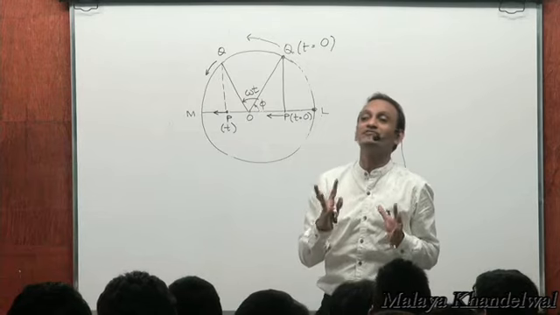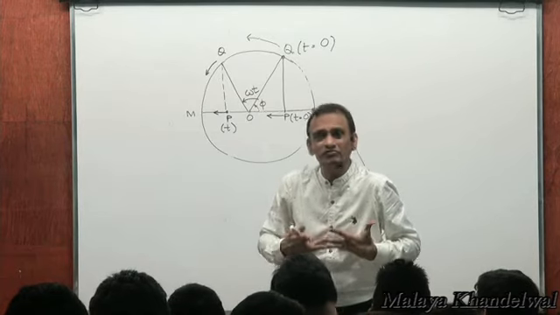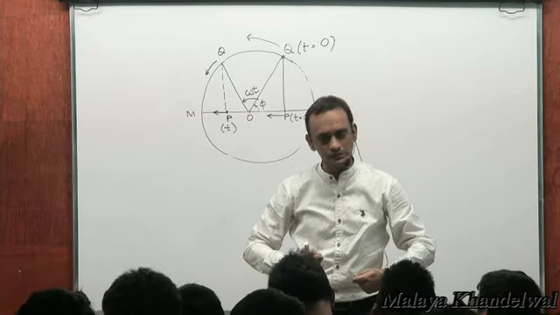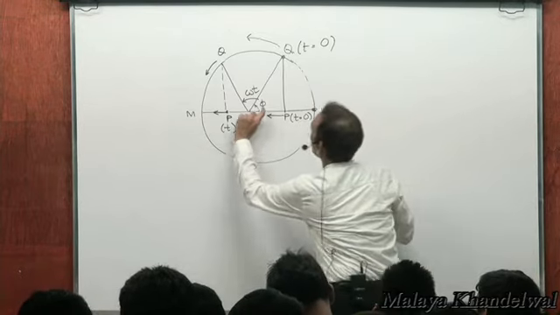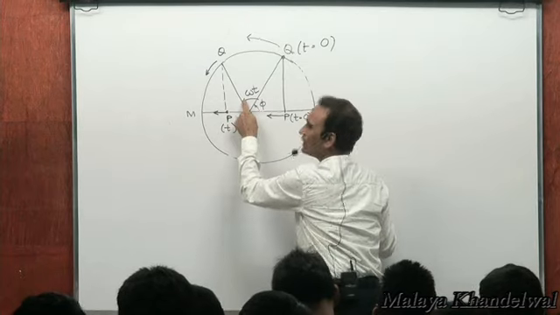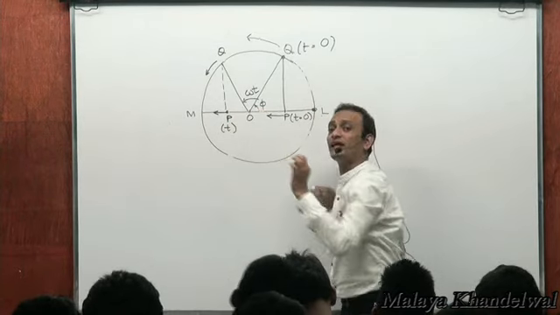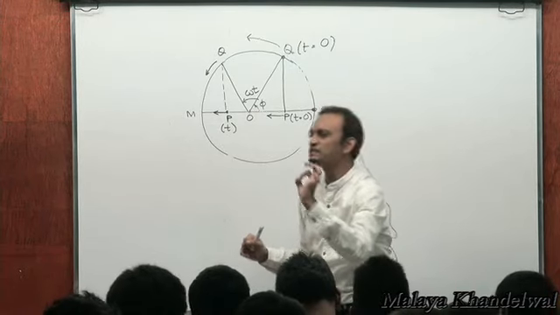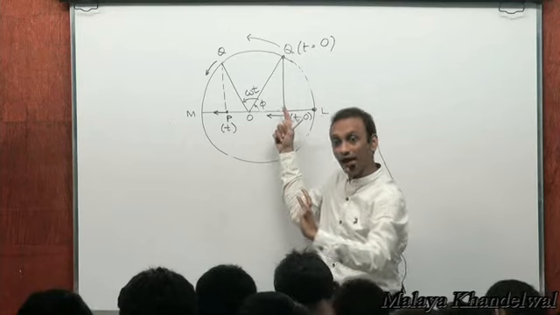So the moment someone says phase of oscillation, look at the corresponding particle on the auxiliary circle and identify this angle. At t equal to 0, this angle is the phase constant. Phase at time t equal to 0 is the phase constant phi, right?